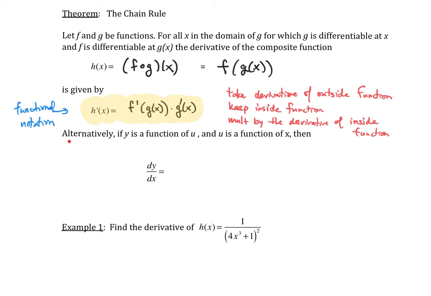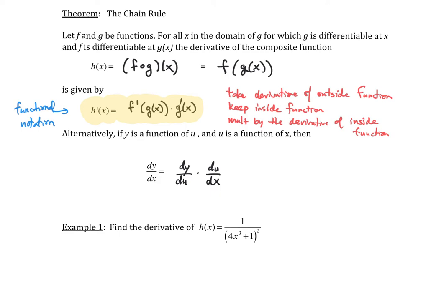Alternatively, if y is a function of u and u is a function of x, then when we calculate the derivative of y with respect to x, it's going to be dy/du times du/dx. Okay?